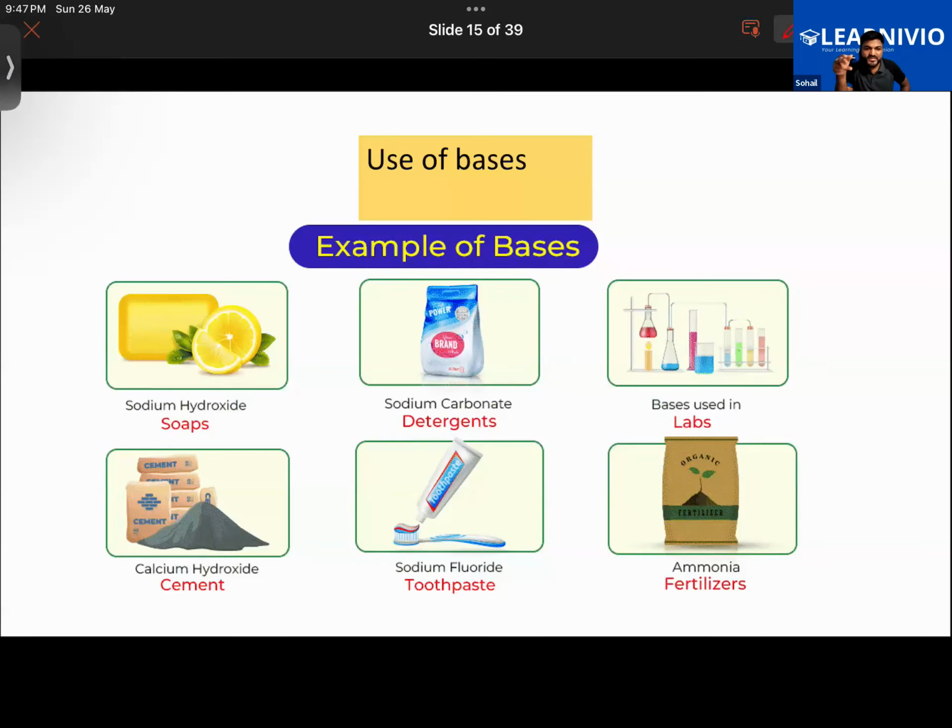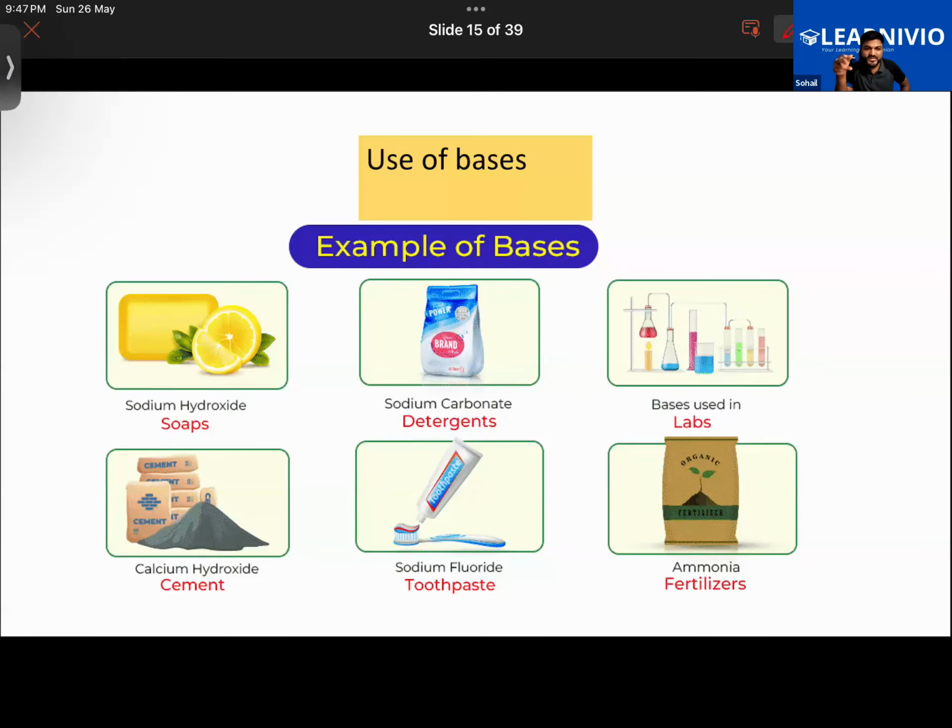Now, there are a lot of chalk stones. Sir, outside my house I have chalk stones.